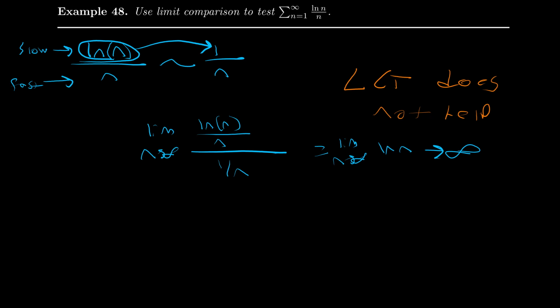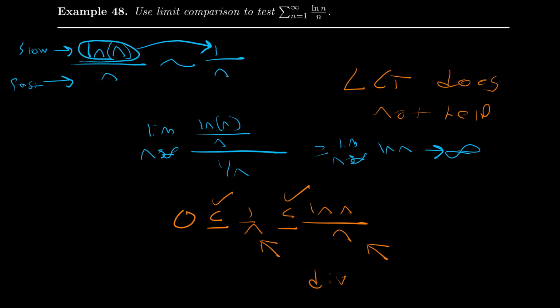That is, you're going to be able to set this up eventually. And since the thing that you're wanting to compare is on the outside, you're testing for divergence. And since this thing actually does diverge and these actually work out, then the whole thing will diverge. We'll say the series diverges by the direct comparison test.